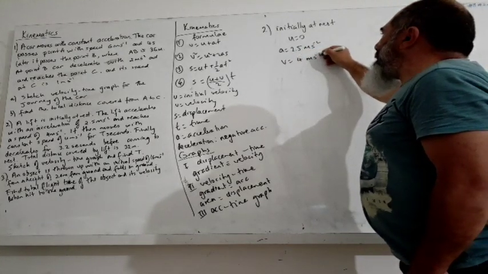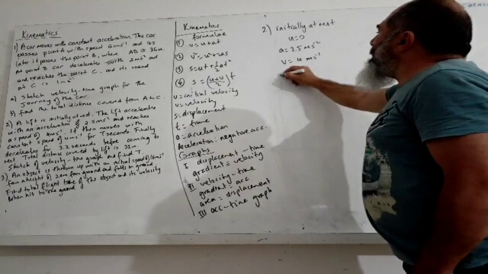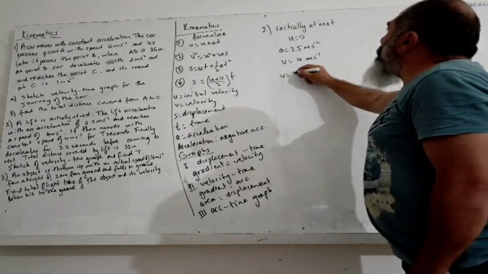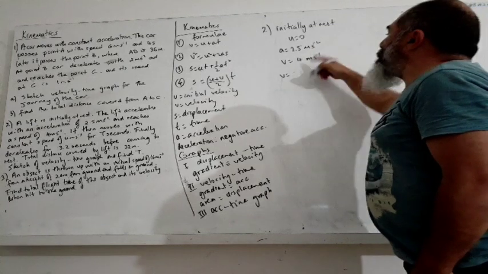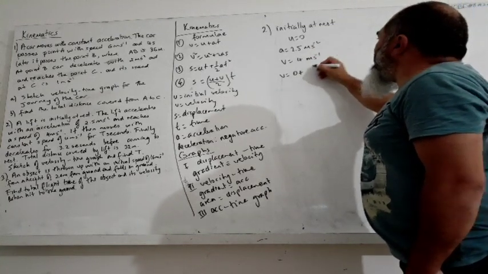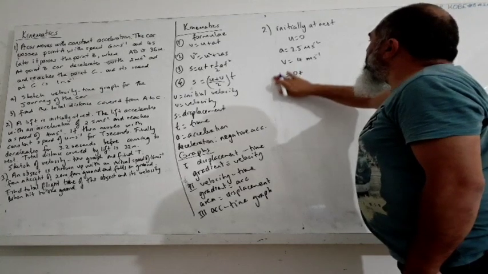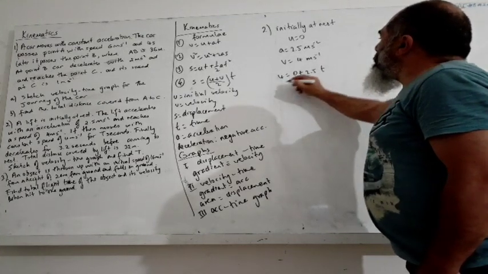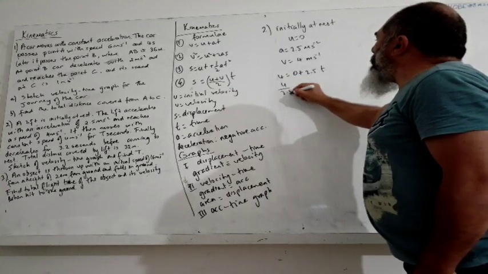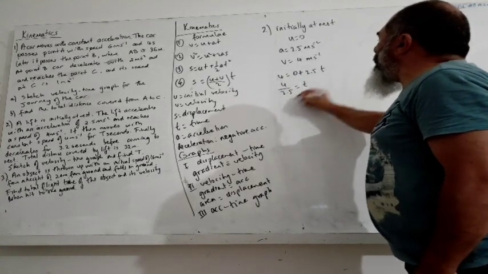So let's find the time for the lift to reach from 0 to 4 meters per second. So 4 over 2.5, time is 1.6 seconds.